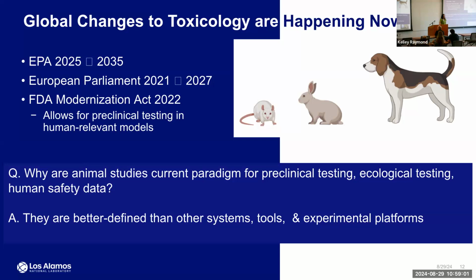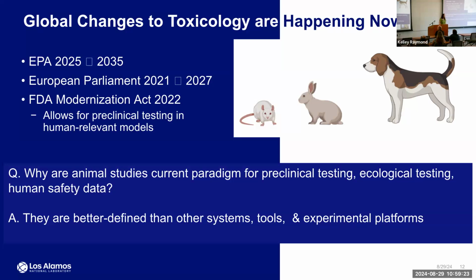I think the first written records that we know of in toxicology and animal testing go back to, I think, 500 BC. So we have 2,500 years to catch up.